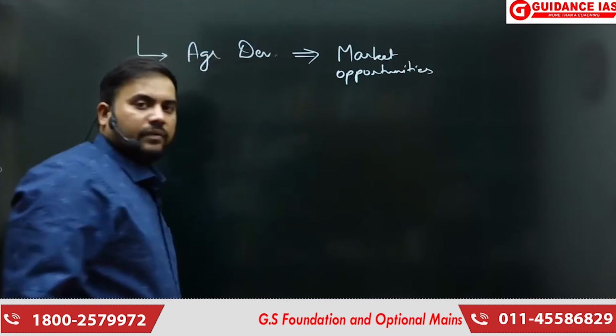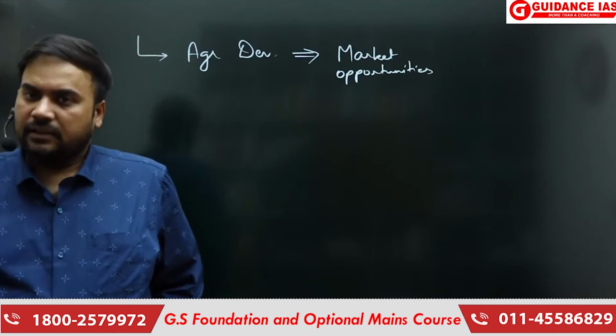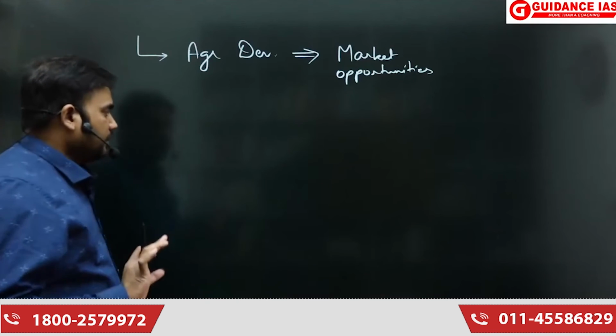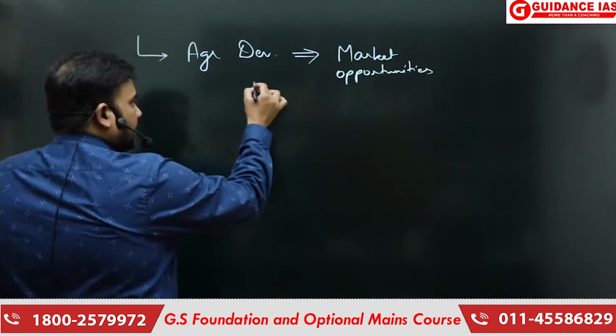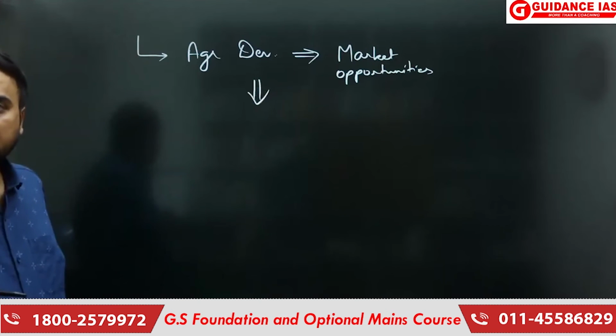Market opportunities are very crucial to agriculture development. There should be presence of an agriculture market. Now tell me, can I use von Thunen to explain this same phenomenon?